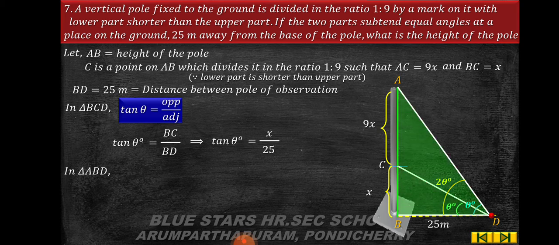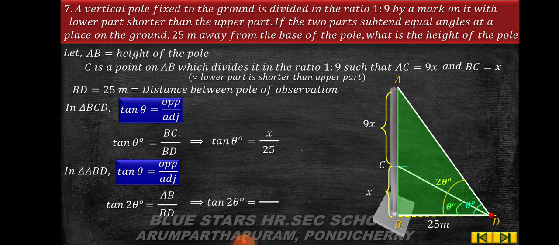In triangle ABD, tan 2 theta is equal to the opposite side AB divided by the adjacent side BD, which implies tan 2 theta is equal to AB is 10x divided by BD is 25.